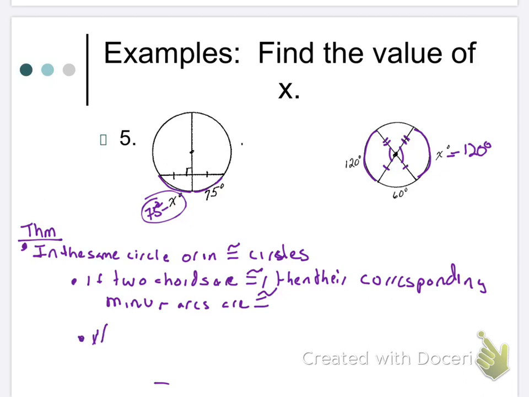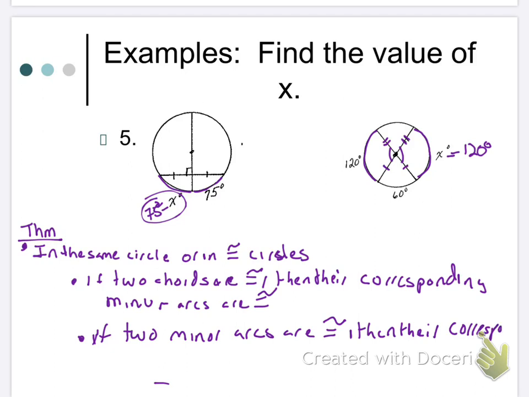And the other one is, if two minor arcs are congruent, then their corresponding chords are congruent.